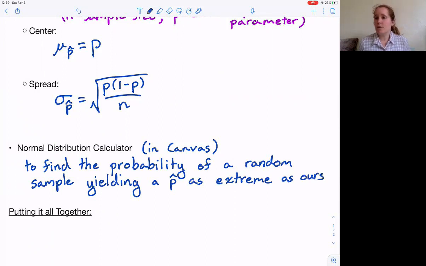So the way we will determine if a result is likely or surprising is basically we'll find the probability of being that result or farther away.